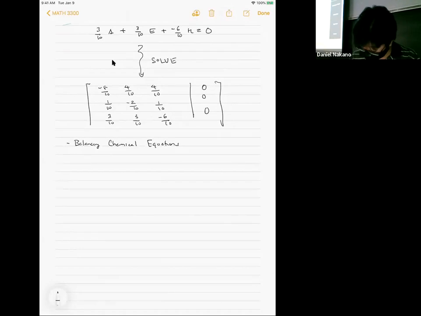Let me give you an example. C will denote carbon, O will denote oxygen, H will denote hydrogen, and N will denote nitrogen.